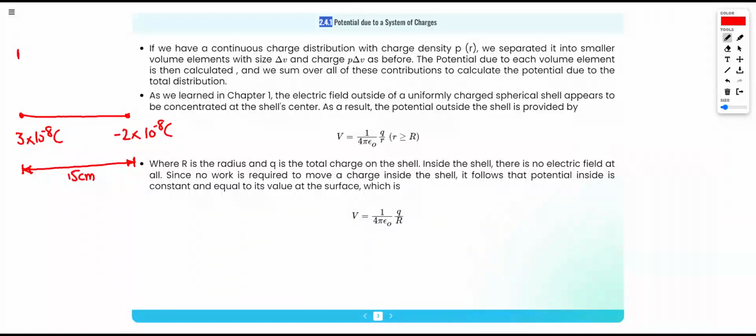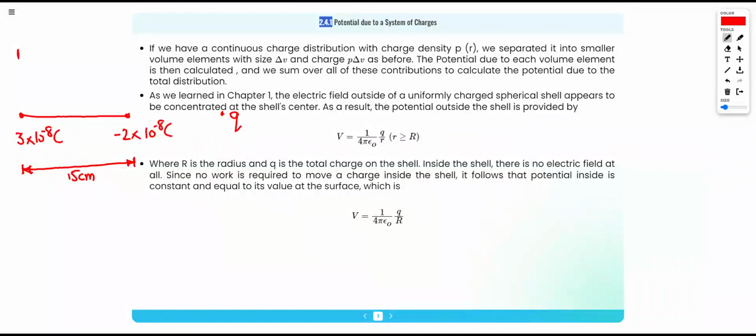Now what we have to find is a point. This is our Garuda, it's the villain. I have to bring this villain somewhere such that its potential should be 0. So where can I bring this villain? How will it be possible?